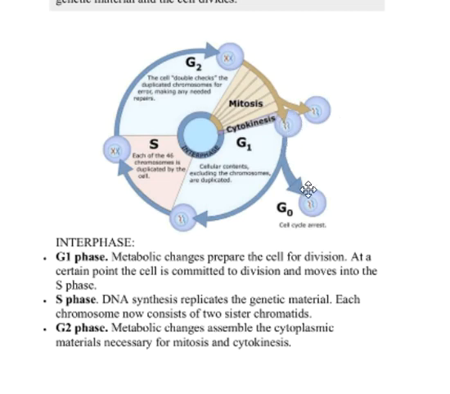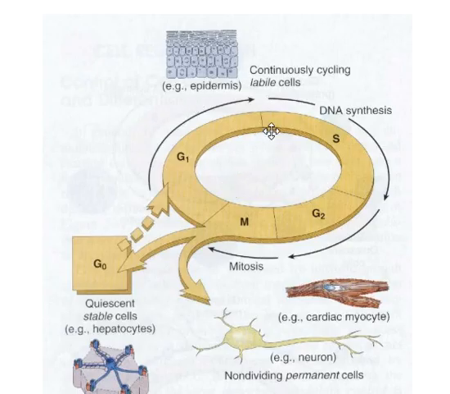And now we will talk about the G0 phase, which not all cells will be entering, because some cells will go cycle after cycle, and these cells are called labile cells, for example epidermis. Some cells will go to G0 phase, but they won't be there forever.